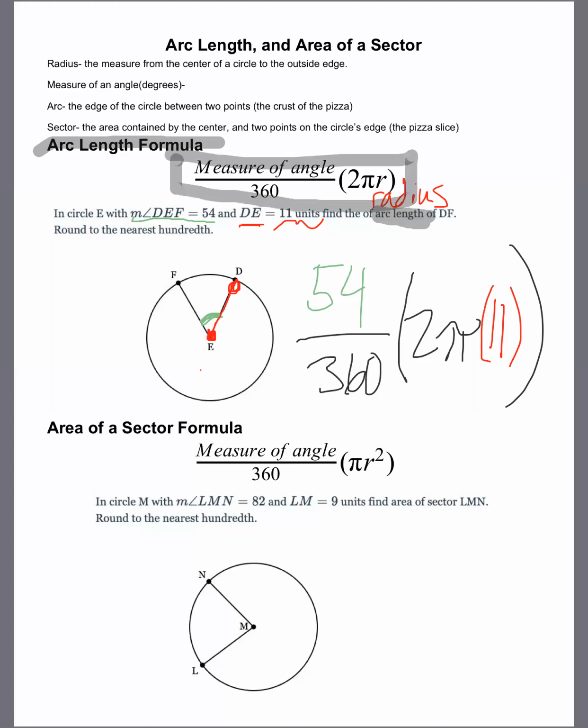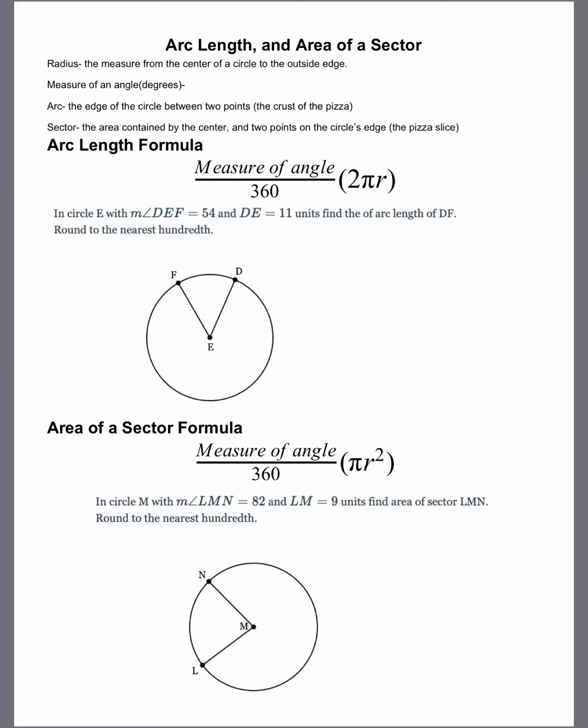So finding arc length is multiplying. It's just plugging into that formula. And then the area of sector formula is dividing. It's all multiplying and dividing. So you can do it either way.